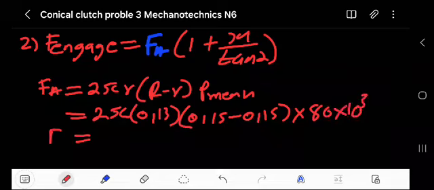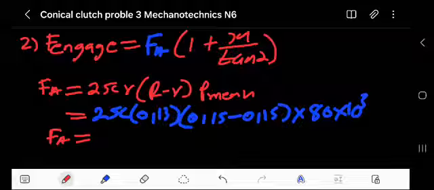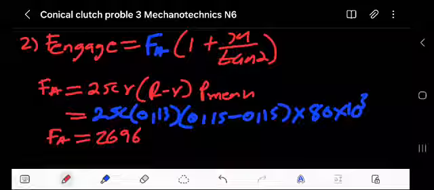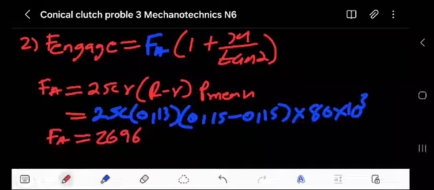Then if we press this on the calculator, we'll find that this is 2696, right? Oh, this is too much. This is not it. Sorry, guys, wrong punch.